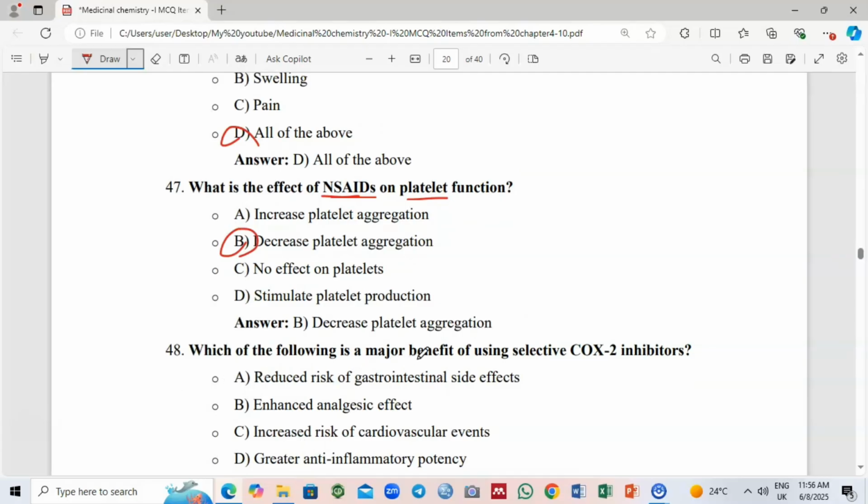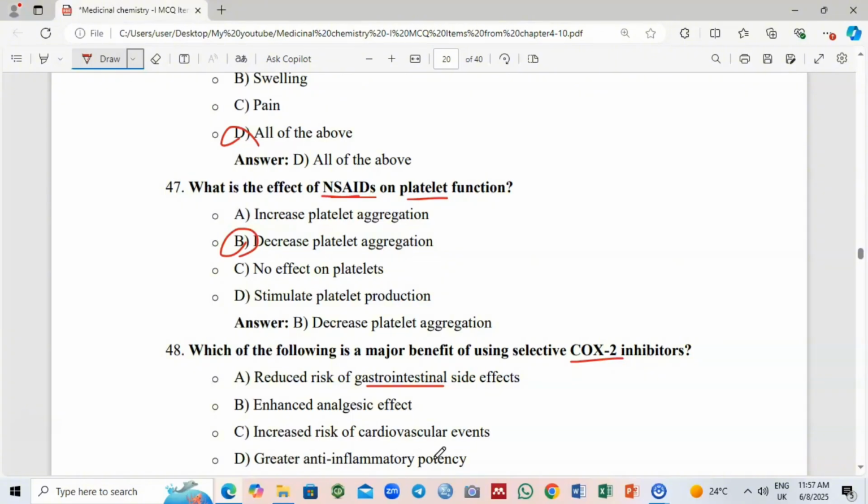Which of the following is the major benefit of using a selective COX-2 inhibitor? A. Reduced risk of gastrointestinal side effects, B. enhanced analgesic effect, C. increased risk of cardiovascular events, D. greater anti-inflammatory potency.